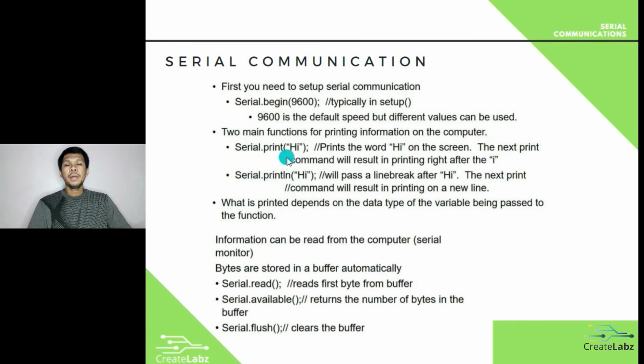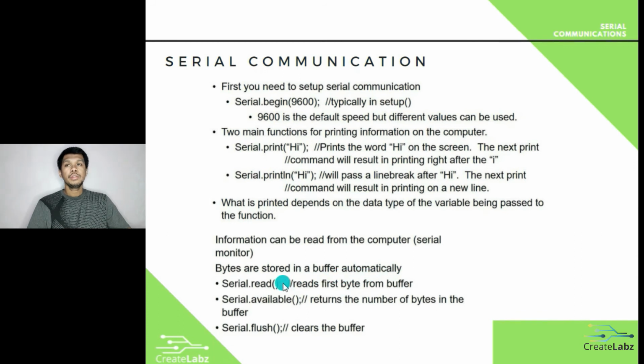Inside it, the parameter is the message. You put double quotes if it's a text string message. You do not put double quotes if it's a variable or an identifier. The difference between print and println is that the ln here means new line, so it will introduce a new line or enter after printing out the message.